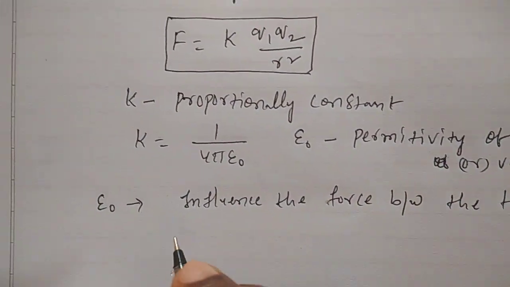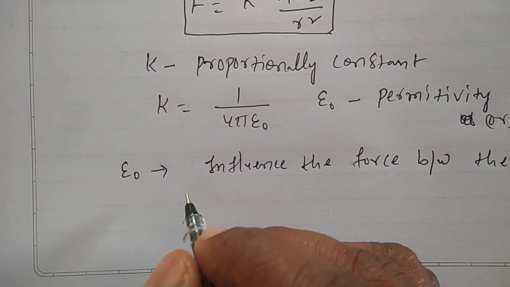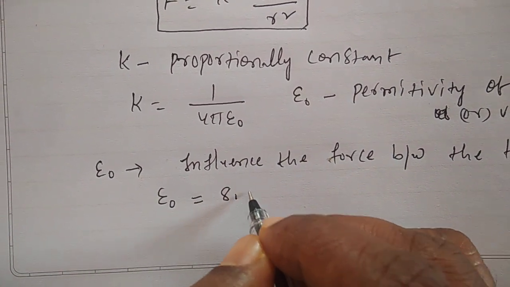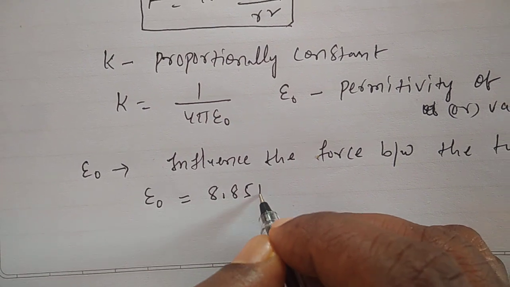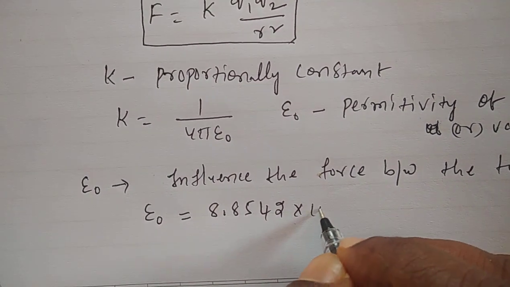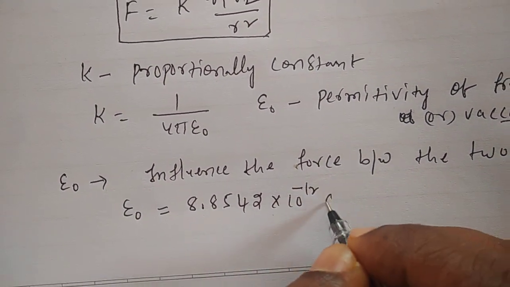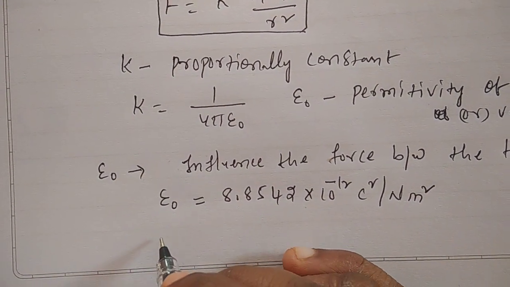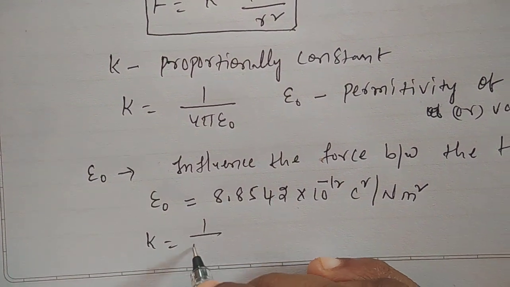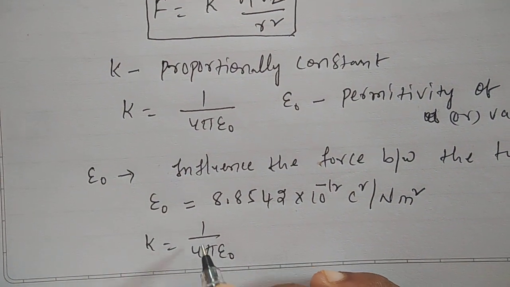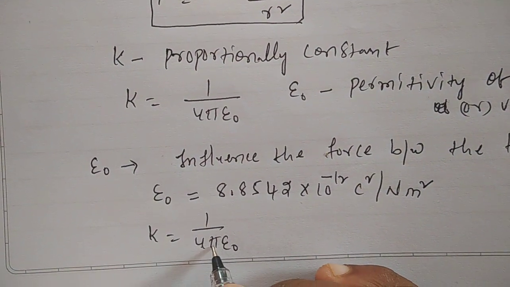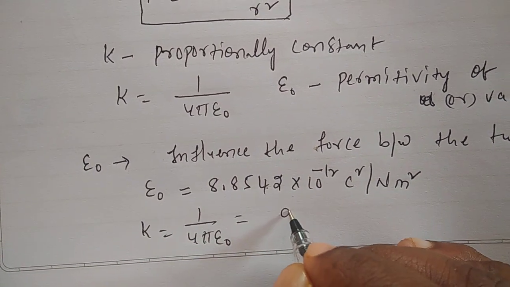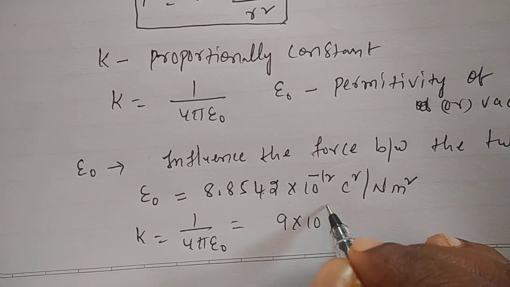The epsilon naught value is 8.8542 into 10 to the power of minus 12 Coulomb square per Newton meter square. Then the k value is 1 by 4 pi epsilon naught, where pi is 3.14. The final answer we get is 9 into 10 to the power of 9.